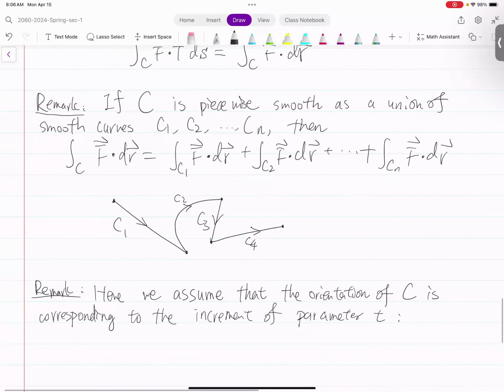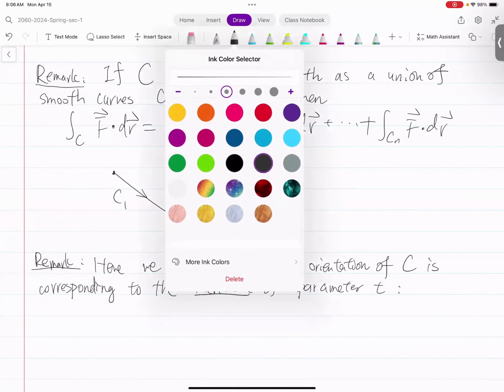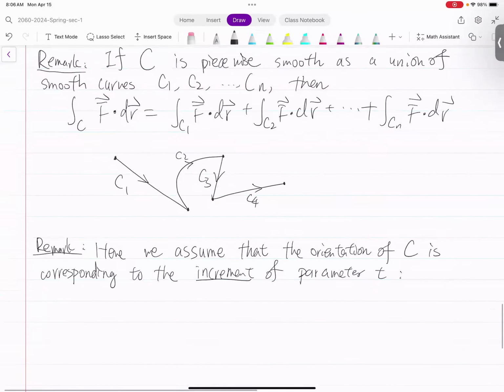So even if you're along the same curve, but if you just start from the opposite direction, from the other endpoint to the target, okay, that's the opposite direction, that's a different orientation.